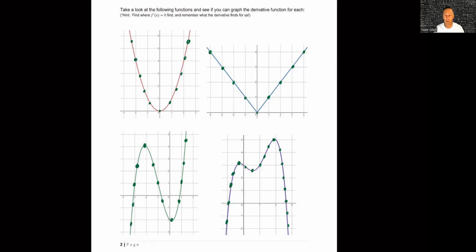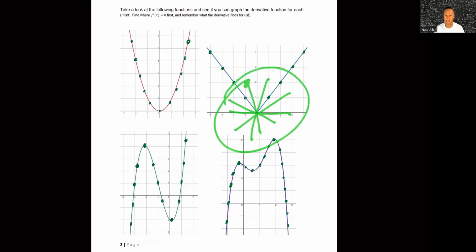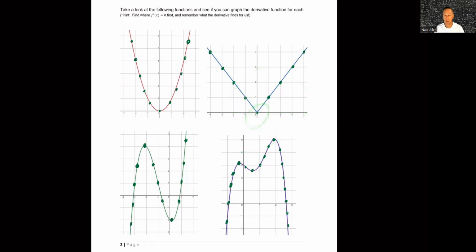Let me prove it to you graphically at this point. Here, there's only one way to draw that tangent line. Same thing with any and every one of these points. But for all of these that we drew that tangent to, look at this one, this sharp edge or corner. I could draw a tangent there, I could draw a tangent there, a tangent there, a tangent there, a tangent. Well, then which one of these is the slope of the tangent at that point?